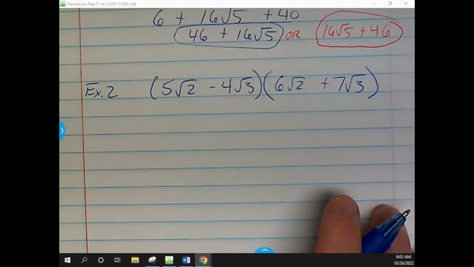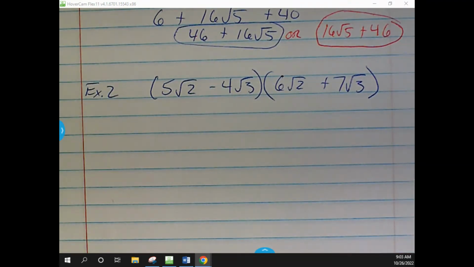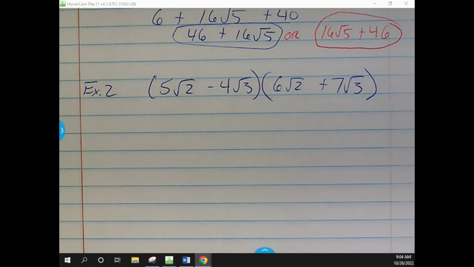Make it so we've got radicals all over the place. Okay, and again, just the full method on this thing.